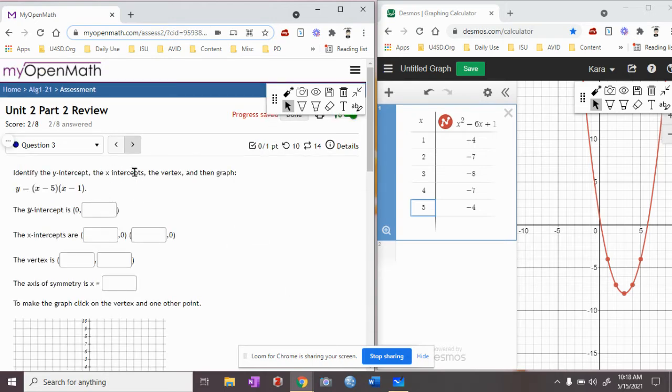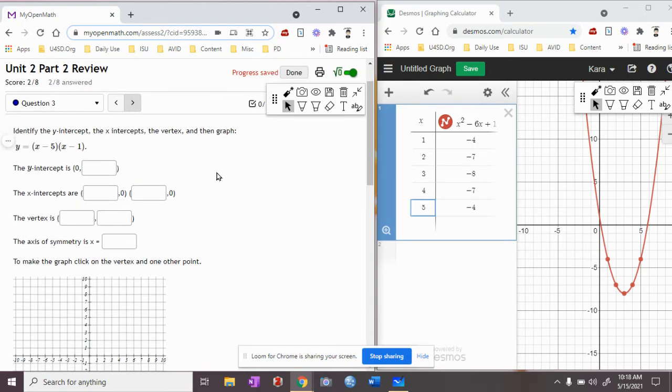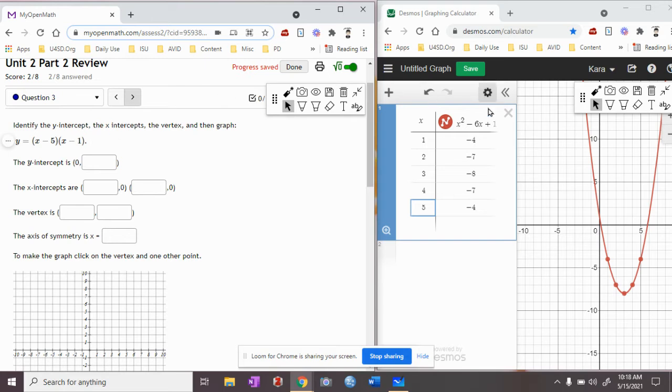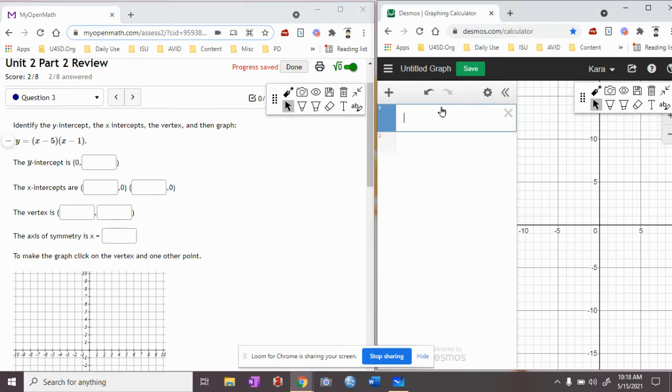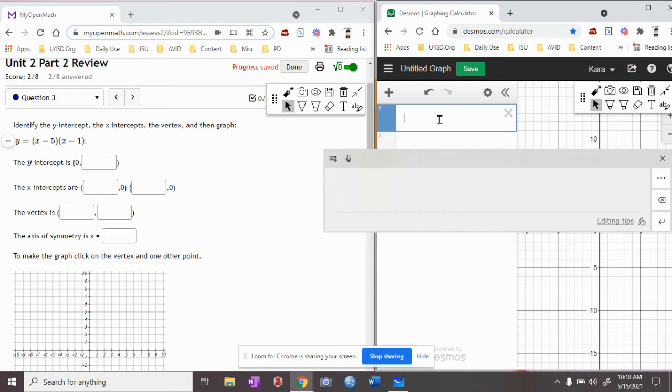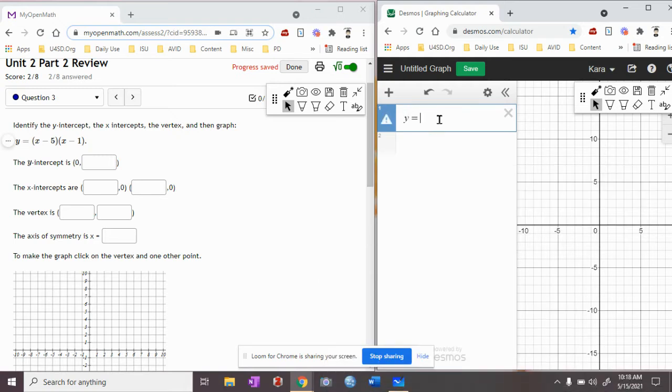Okay. Here, identify the y-intercept, the x-intercepts, and the vertex. So let's do that over here. I'm going to type in my equation: y equals (x minus 5) times the quantity (x minus 1).